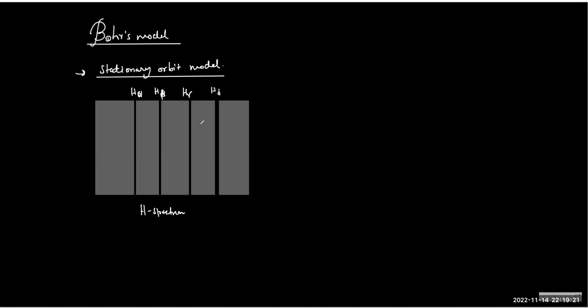And he had the numerical value for all these missing lines. So he went to his friend, John Jacob Balmer, and gave the values to his friend.